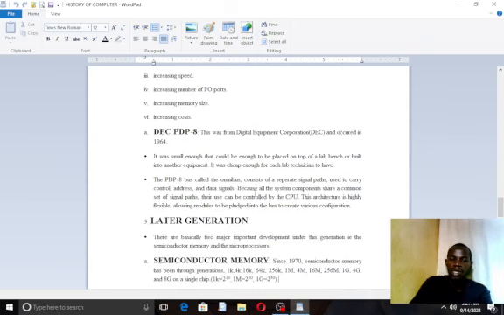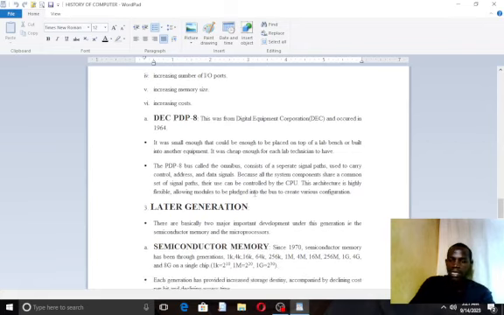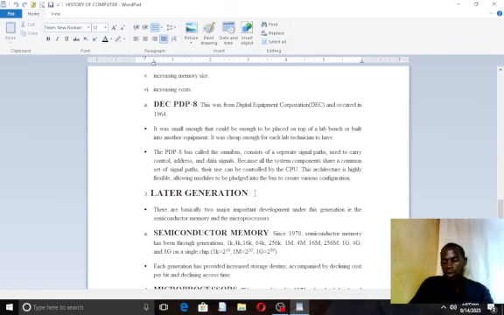The PDP-8 bus, called the Omnibus, consists of separate signal paths used to carry control, address, and data signals. Because all the system components share a common set of signal paths, their use can be controlled by the CPU. This architecture is highly flexible, allowing modules to be plugged into the bus to create various configurations.